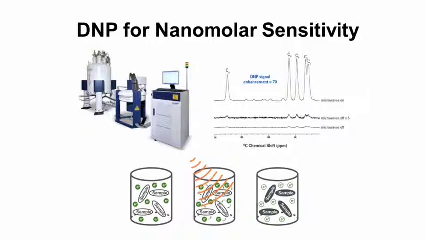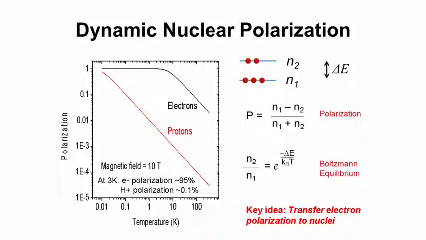So polarization with electrons is much better and much greater at low temperatures than it is with nuclei. And if you use things in the right way, it's possible to move those paramagnetic electrons and that polarization over to nuclei and get an enormous enhancement. So this is illustrated here with the relationship between the level of polarization.